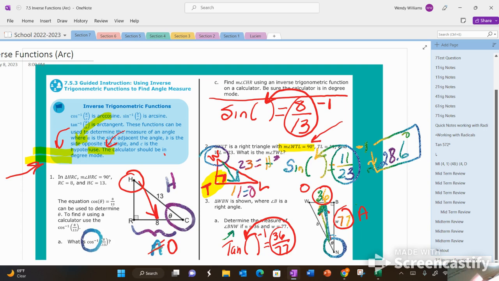Do it for yourself. 36 divided by 77 equals second tangent, rounding to the nearest tenth. And what do we get? Approximately 25.1 degrees.